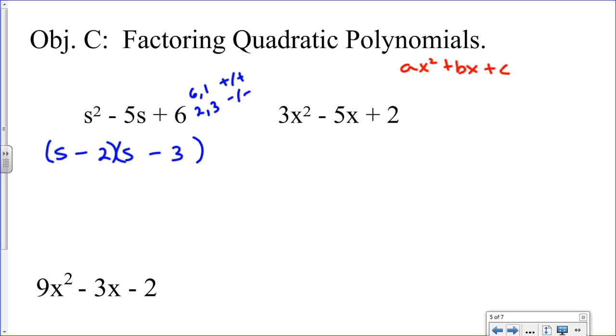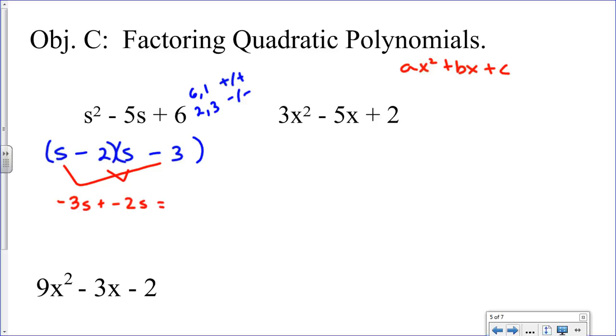All right, so what I want to do, I'm thinking FOIL here, so I want to check the outer and inner, because your outer and inner are what your like terms are. So when I multiply the outer and I multiply the inner and add those together, I get this number. So my outer is negative 3x. The inner is negative 2x.